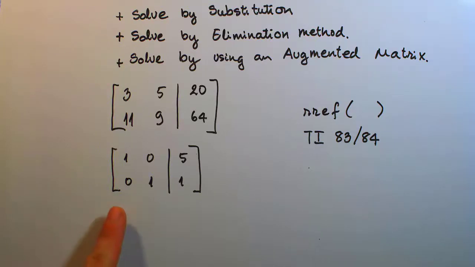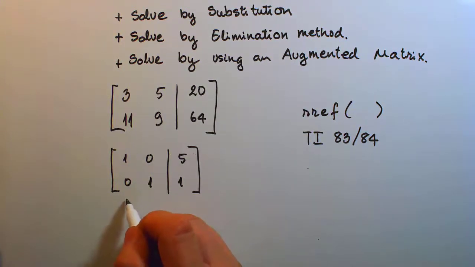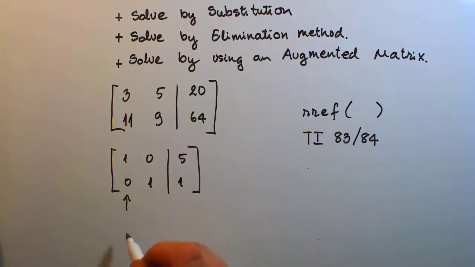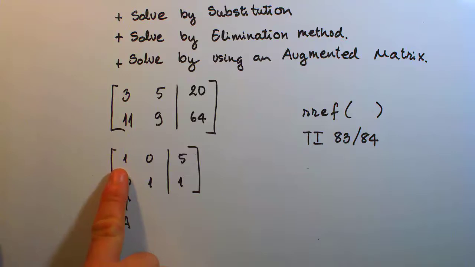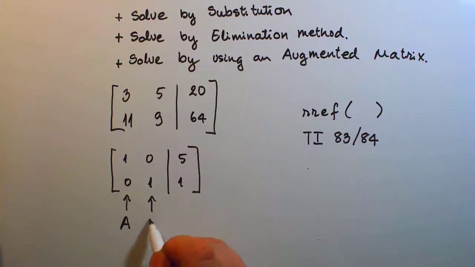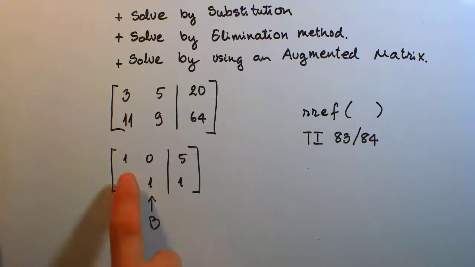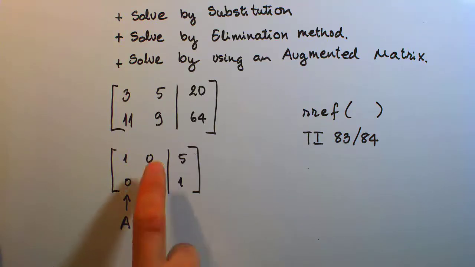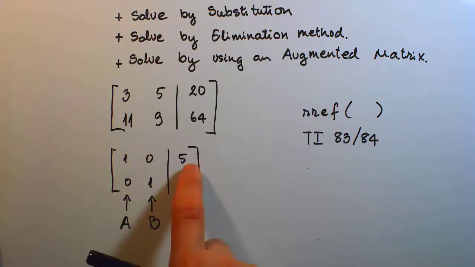Now the way this final matrix reads, remind yourself that this first column is equivalent to our first variable, the A variable. And this column here is equivalent to your b variable. So the top row as an equation reads 1a plus 0b equals 5.